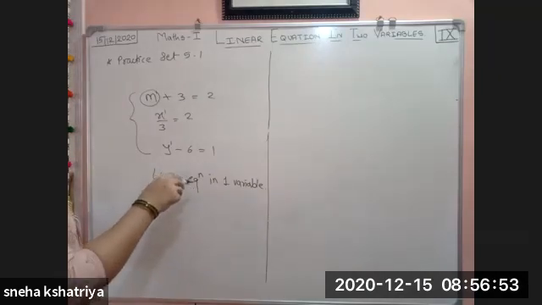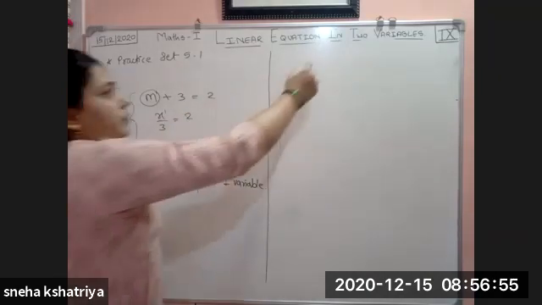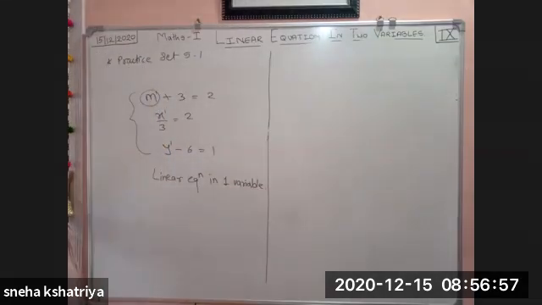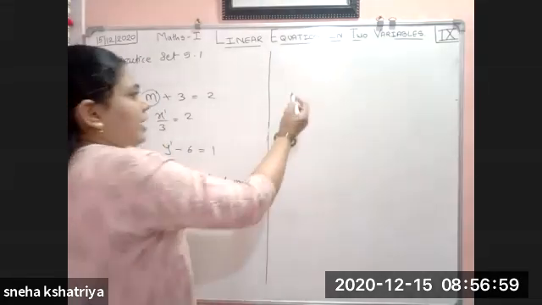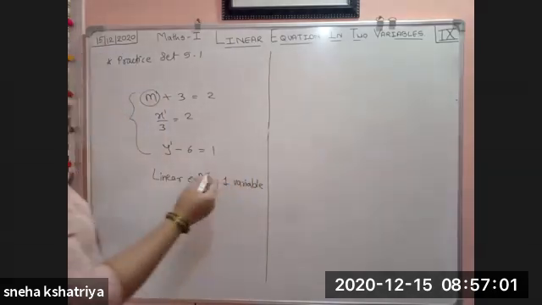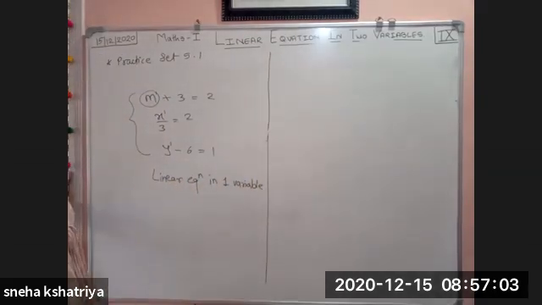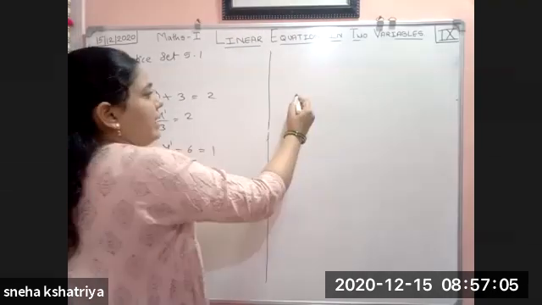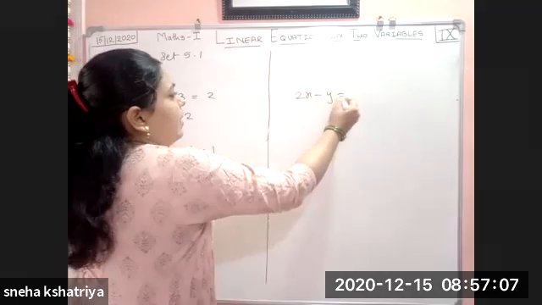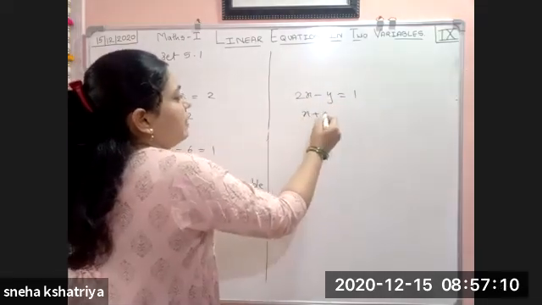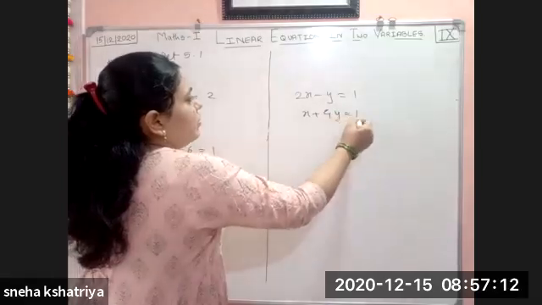Now in this chapter we are dealing with linear equations in two variables. In general, we take x and y. So in general we write examples like 2x minus y is equal to 1 and x plus 4y is equal to 16.